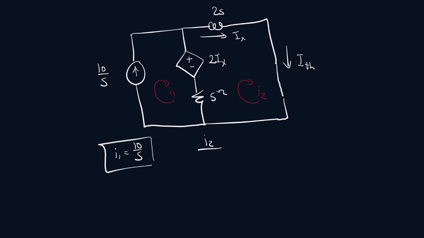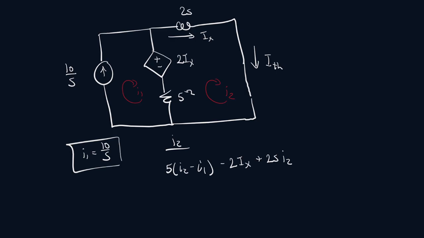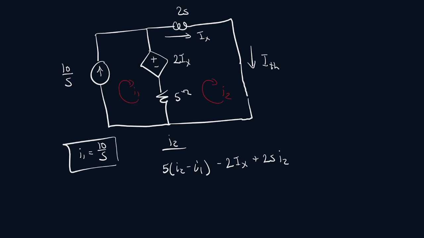So that's the first thing we've got down. For I2, it'll be 5 times I2 minus I1, minus 2Ix plus 2S I2. And we see I2 should be equal to I Thevenin, but we also see I Thevenin is also equal to Ix.